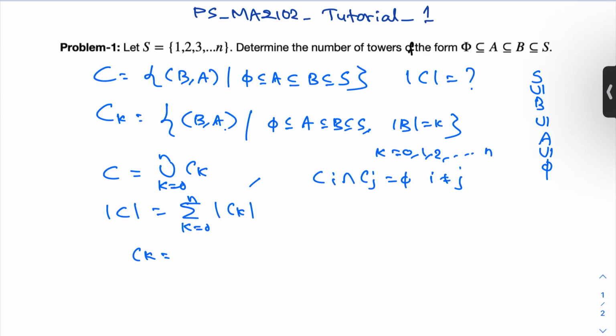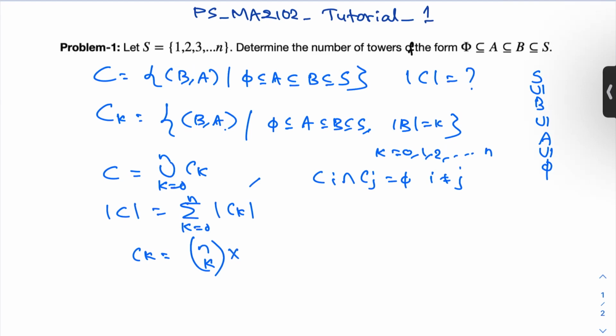Here B's size should be k. Here S has n elements, we want to choose a subset of S with size k. So first B can be chosen in n choose k ways, because the number of subsets of size k for a set with n elements is n choose k. This many ways we can pick B.